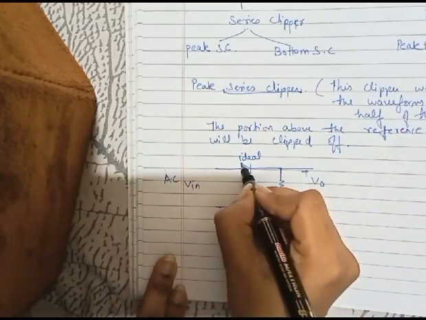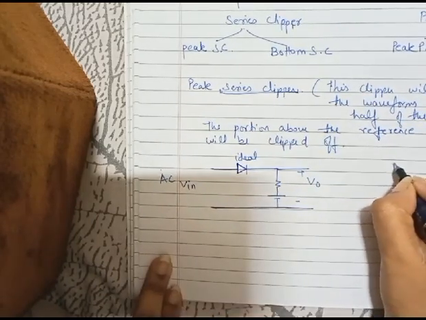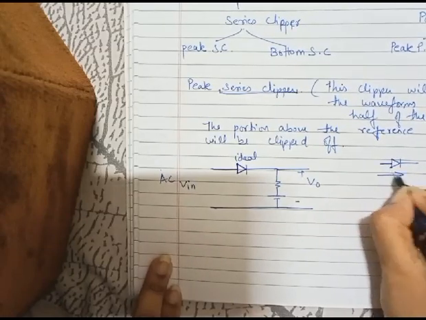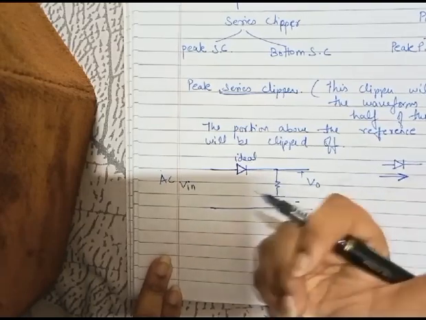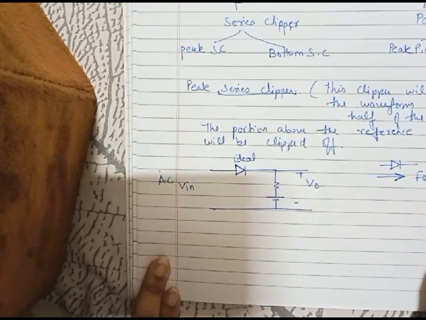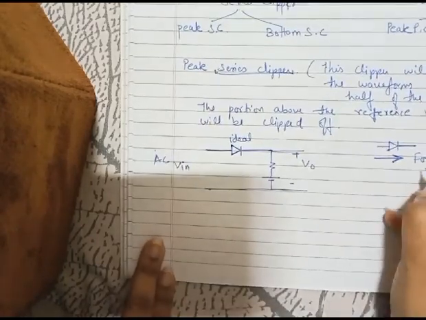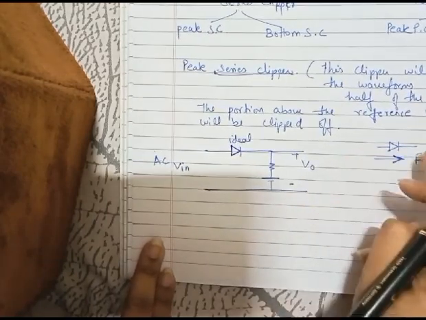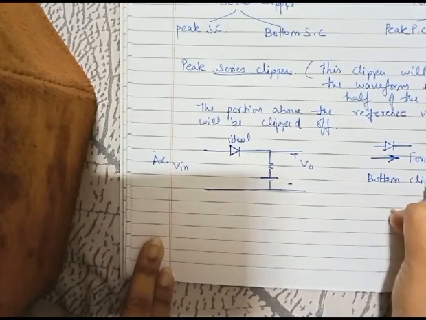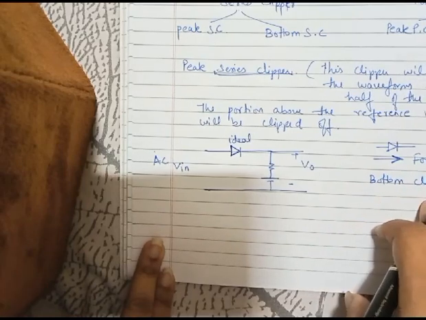Why is it a bottom clipper? Because of the diode arrangement: if we imagine the diode as an arrow, and the diode is looking forward, this is a forward looking diode. If the diode is looking forward in the series arrangement, it is the bottom clipper.